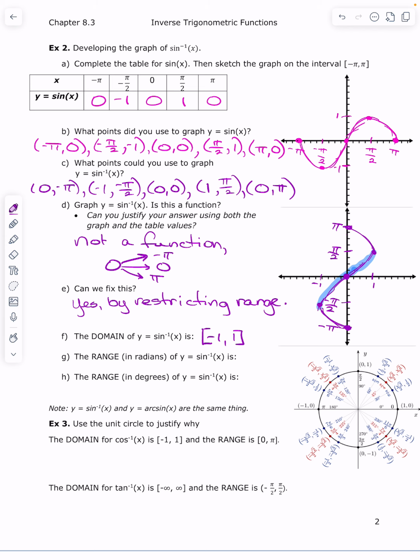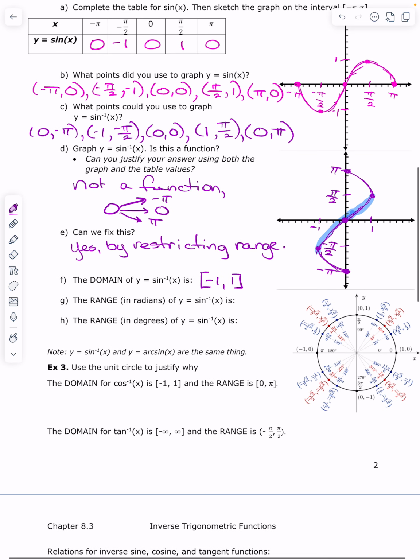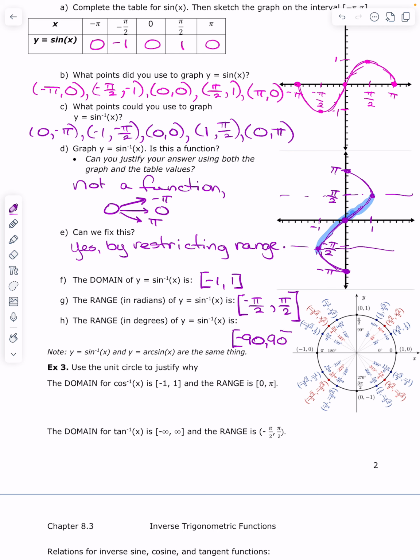Those are the acceptable outputs for sine. The range, though, is going to go from negative pi over 2, keep in mind we're talking about the range now, to pi over 2. After that, our values start repeating, which means in degrees, our range is going from negative 90 to 90. Keep in mind, that is giving me two quadrants that are connected.